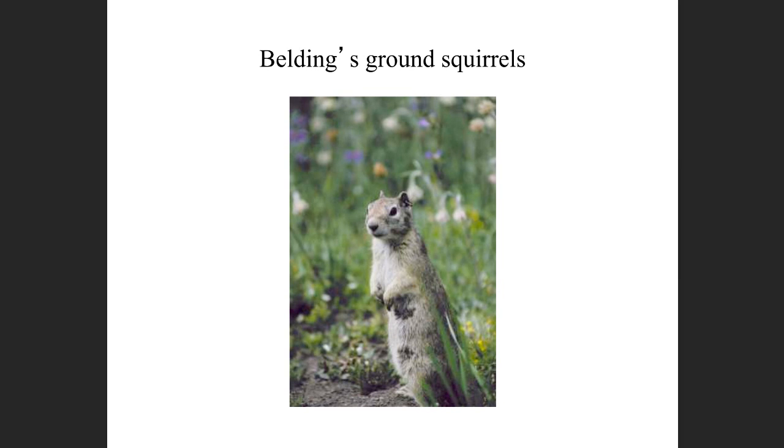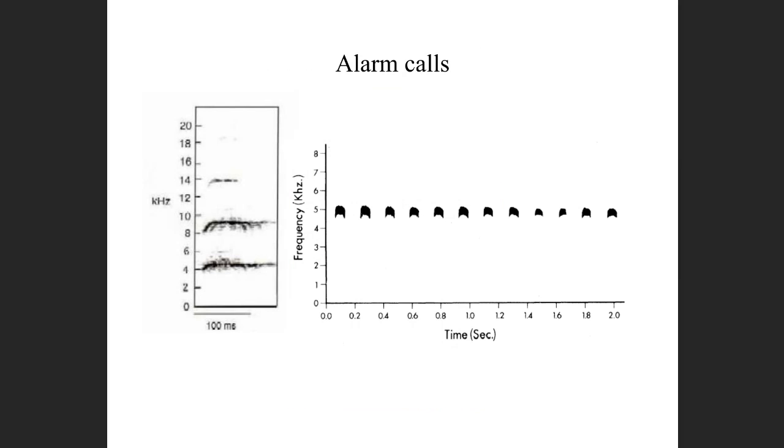Anyway, one of the classic studies of kin-directed behavior is seen in Belding's ground squirrels. So this was, I think, Paul Sherman's PhD thesis. Ground squirrels are studied for their communication because it's really fascinating. They have a whole suite of alarm calls, and the alarm calls are actually specific for different kinds of predators.